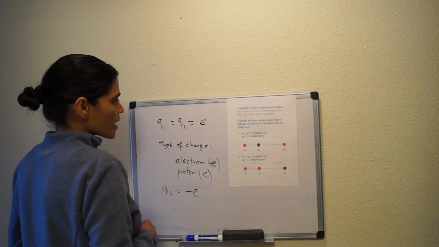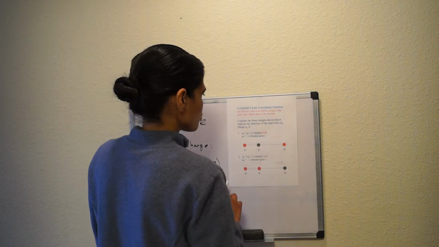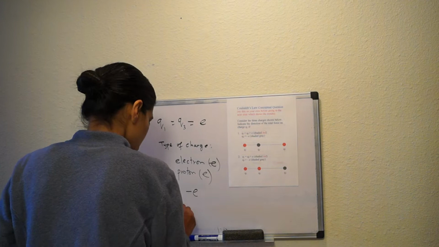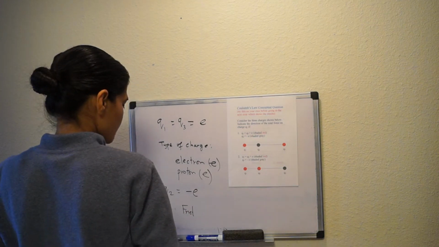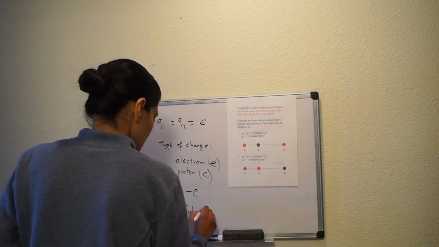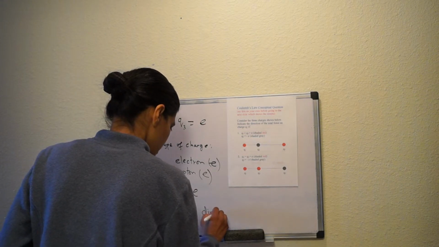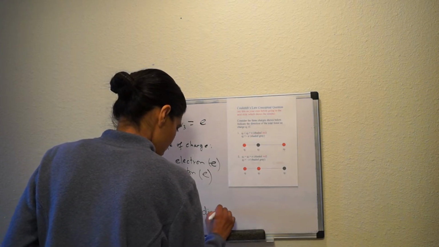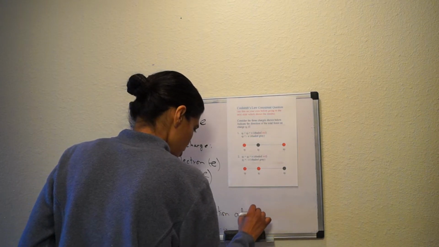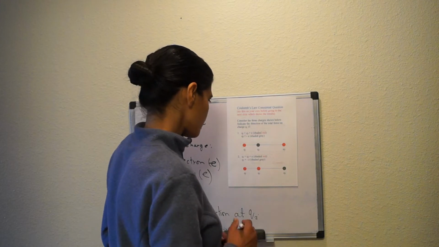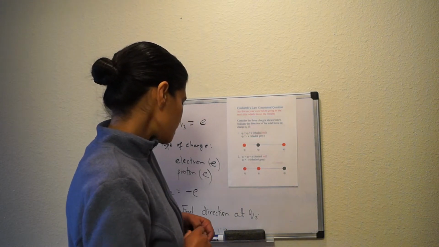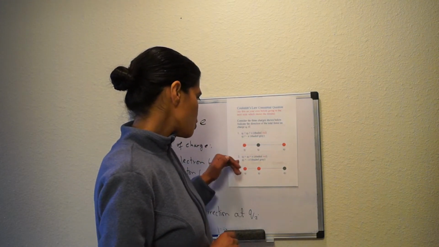So you want to find the total force, the direction of F net. Let's call it the net force direction at Q2, at the location of Q2. Okay, that's number one.